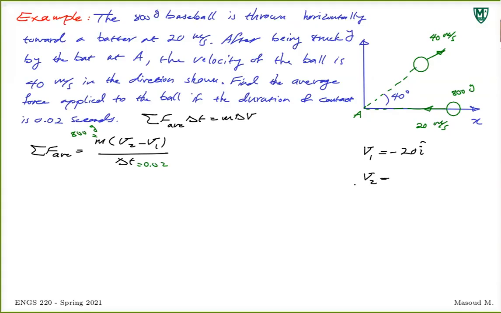Velocity 2 after impact, we have 40 meters per second, which makes a 40 degree angle with the horizontal line on the x-axis, so that becomes 40 cosine 40 degrees I plus 40 sine 40 degrees J. And that's what you do.